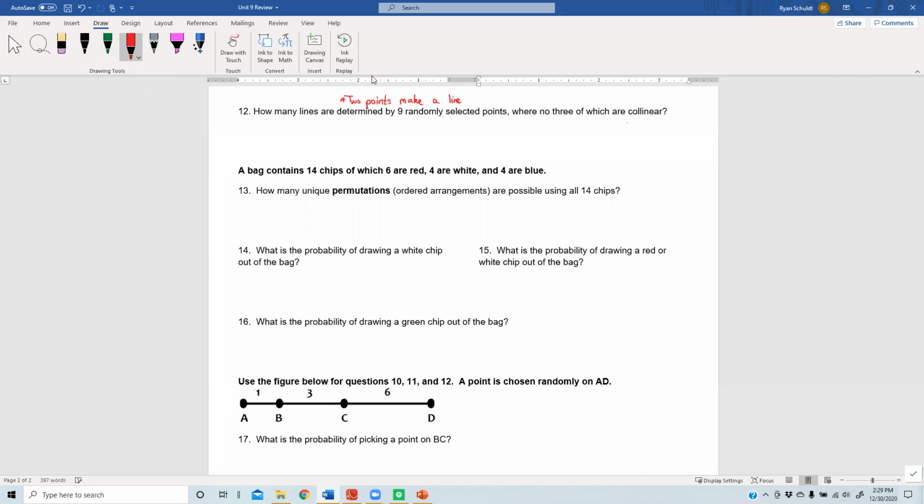So if I pick, let's say I have a point here and a point here, does it matter whether I go this way or that way first? No, it doesn't. So we can say that order does not matter.